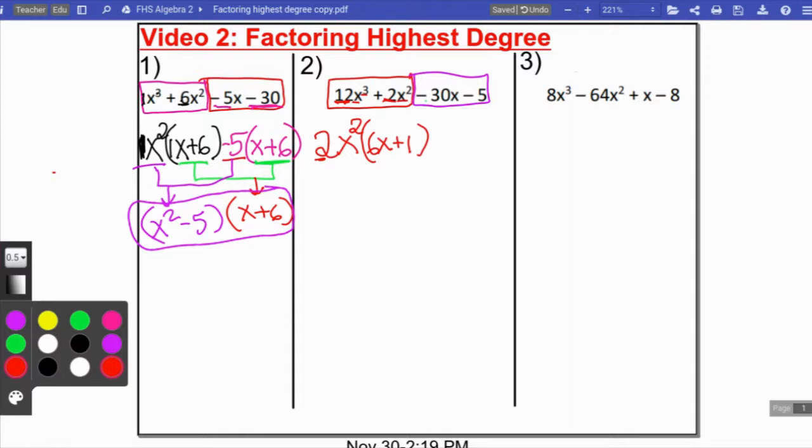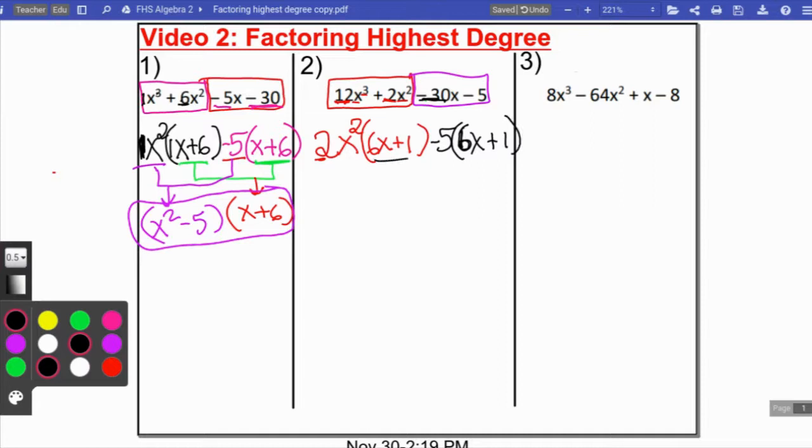On the next one, what's the common factor that goes into -30 and -5? The lowest one would be -5. Open your parenthesis, because they don't have a common x, so that's fine. -30 divided by -5, you get +6. That's a weird 6. Then -5 divided by -5 is just +1.